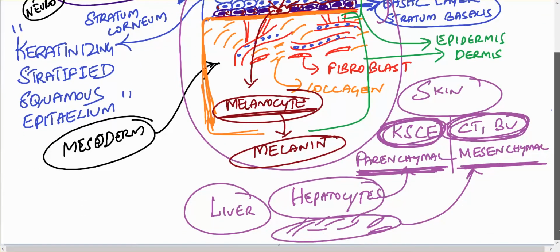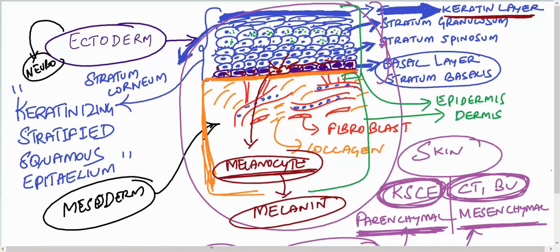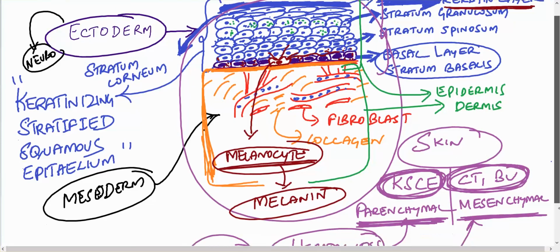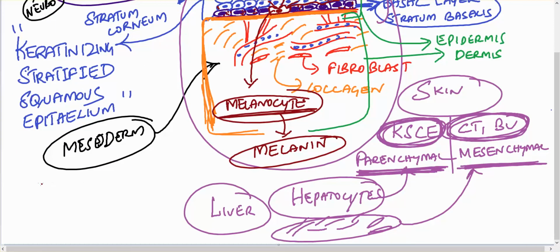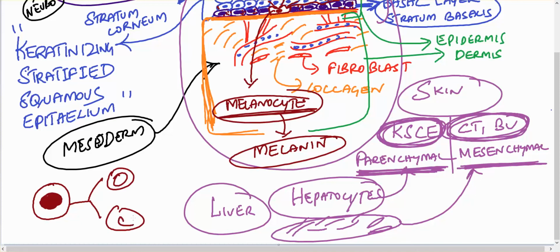Okay. Now, for example, if any cell has to divide, this is the nucleus, it goes for mitotic division and gives two daughter cells, right? It has to be stimulated.